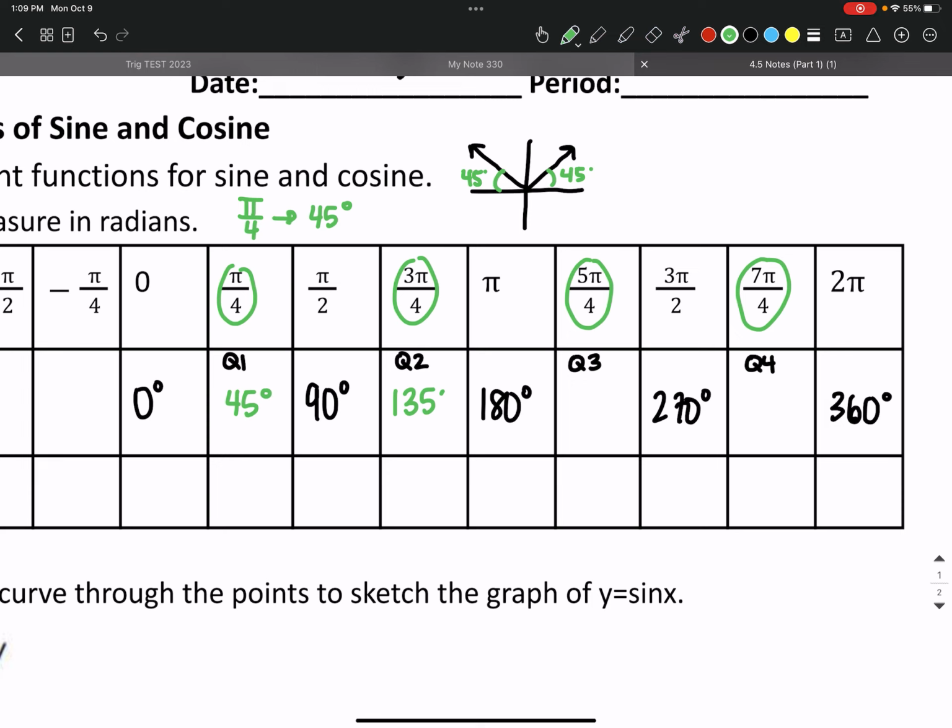If I'm in the third quadrant with a 45 degree reference angle, I'm doing 180 plus 45, which is 225. And if I'm in quadrant 4 with a reference angle of 45 degrees, I do 360 minus 45, which gives me 315 degrees.